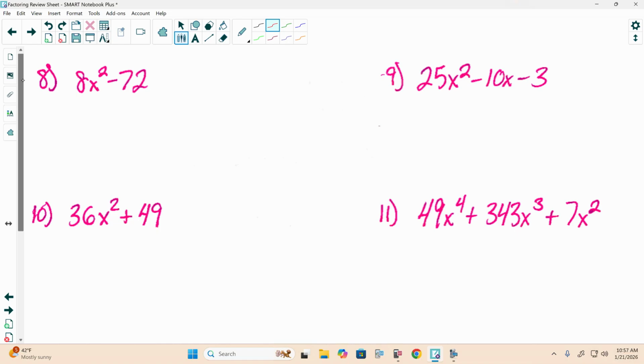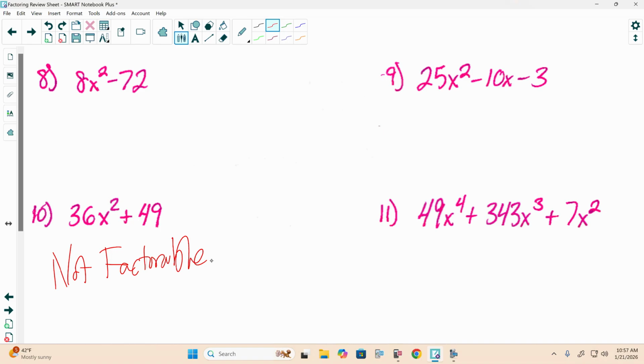Questions on 8, 9, 10, or 11? Number 10 is not factorable.